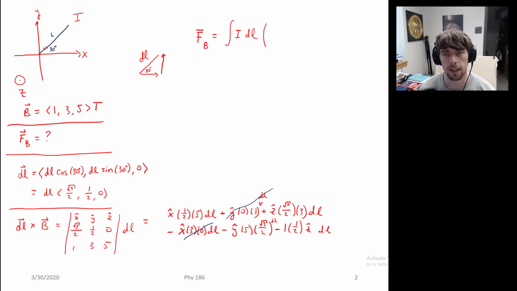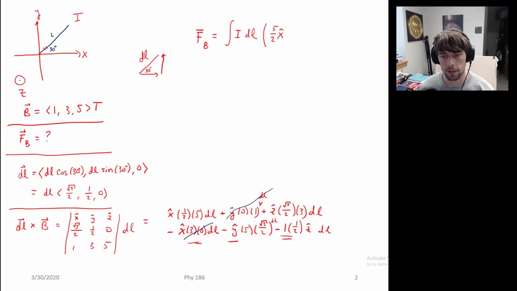The x hat direction is 5/2; the x component here cancels, so what we have is 5/2 x hat.